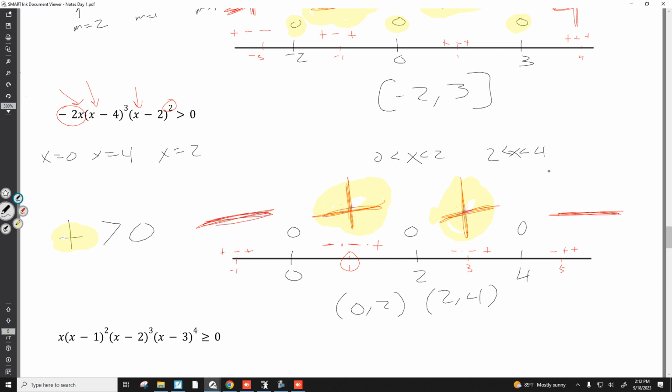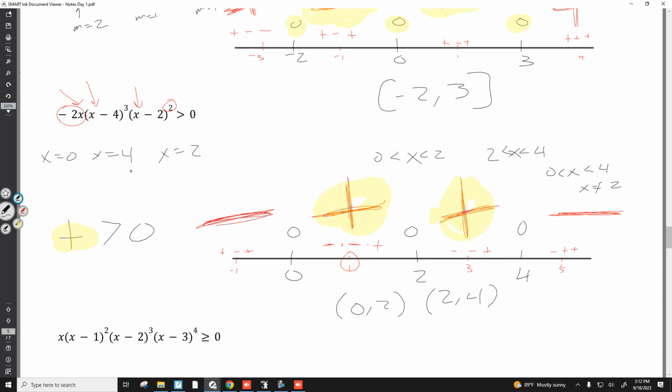So you can say x is between 0 and 4, but x does not equal 2. Yep. Cool. Good question.